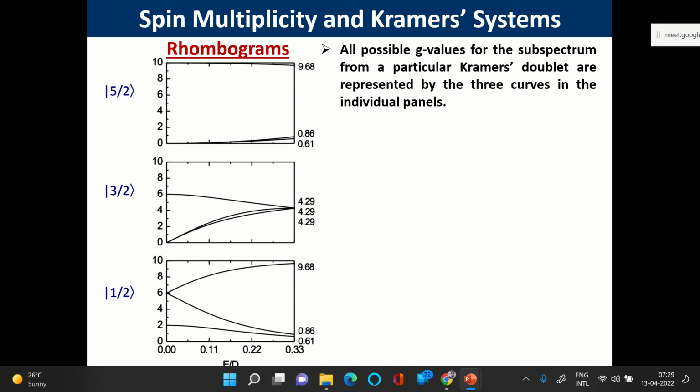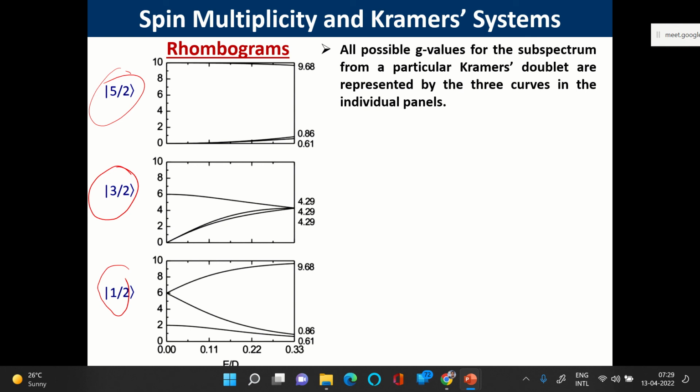For each of these Kramers pairs, 1 by 2, 3 by 2, 5 by 2, we can have three different values of g due to the ZFS interaction, zero field splitting, happening differently along x, y, and z.